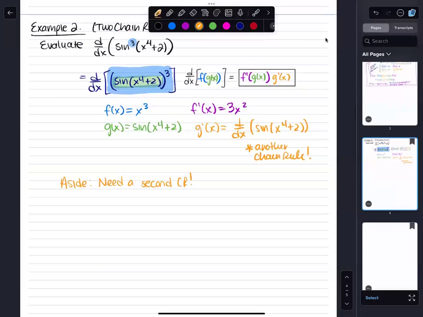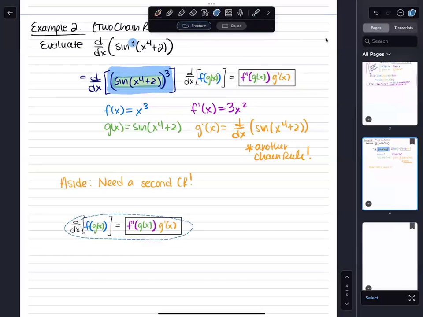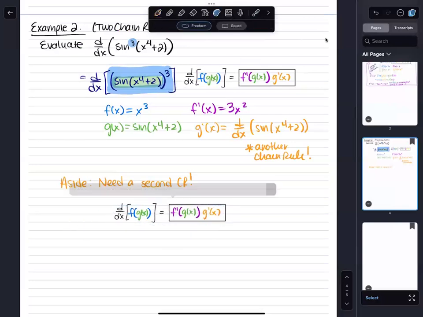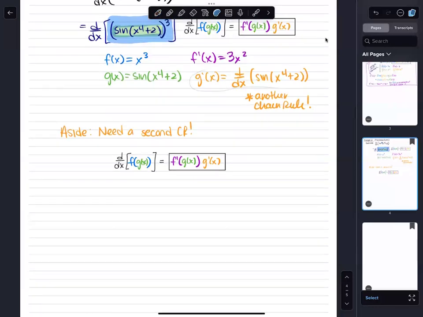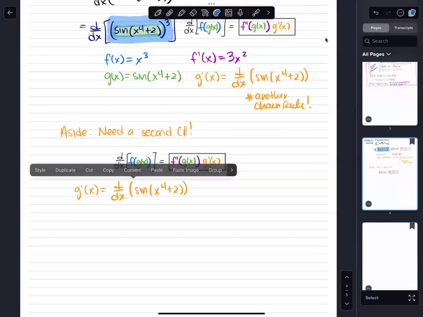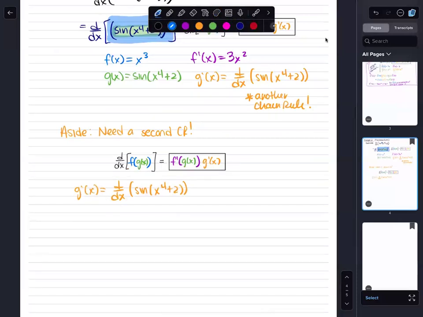So when I paste that definition to find d/dx of sine of x to the 4th plus 2, that is g prime for the first chain rule, I'm going to put hats everywhere. F is going to have a hat, G is going to have a hat. F prime is going to have a hat, and G prime is going to have a hat, because that G prime and that G prime are not the same thing.